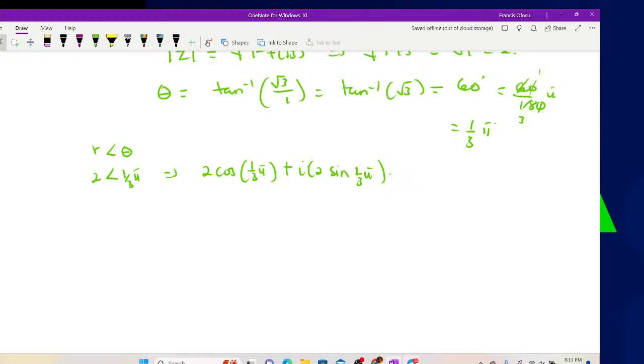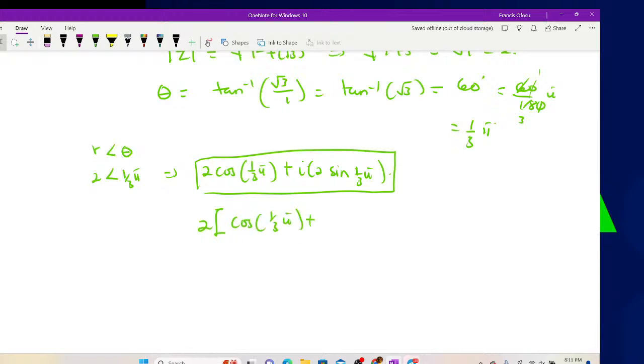Leaving it this way is enough, but it's good to factorize 2 out, then you get cos 1 over 3 pi plus i sine 1 over 3 pi. So this is the polar representation of the complex number given.